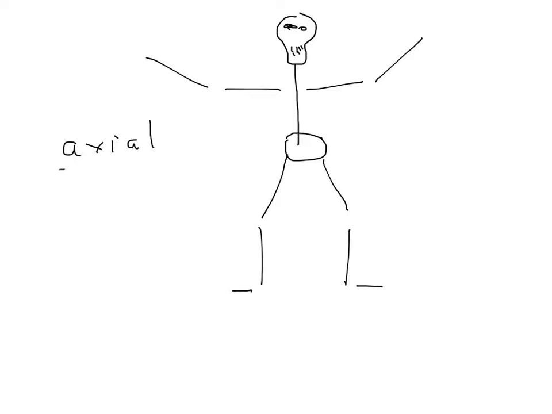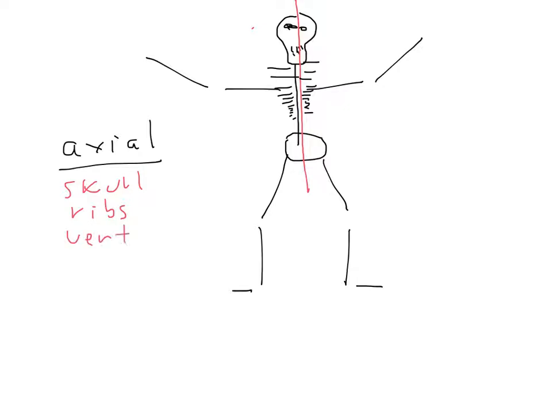Recall that the axial skeleton, if you drew a line down the center axis of the body, the areas of the skeleton that you're hitting include the skull, the ribs, the vertebra, and the sternum.